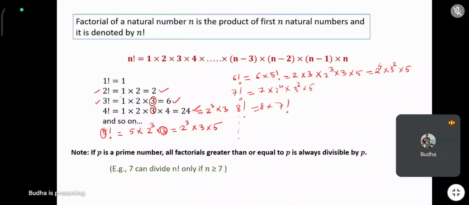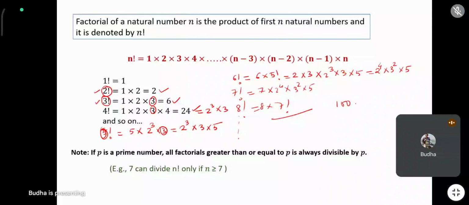So focus on the prime numbers only, okay? 2, 3, 5, 7 and so on. Now the learning point: before 7, no factorials will be a multiple of 7. Means there is no factorial which can be divided by 7. But after 7, all the factorials will be divisible by 7.